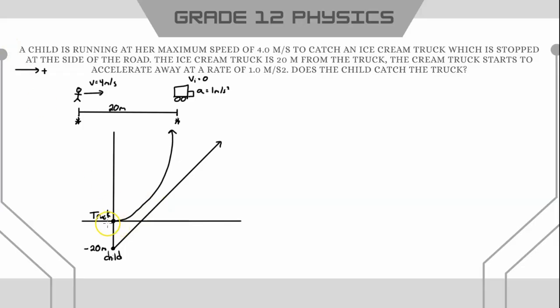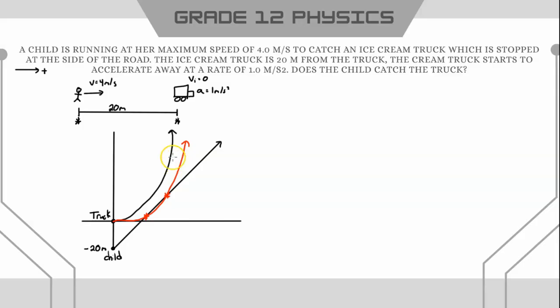Or is it going to curve something like this, and maybe they do meet? In this case, you see that there's two intersection points. So this would be where the child catches up. But then since the truck continues to accelerate, the truck would eventually overtake the child. So, which one is it going to be?